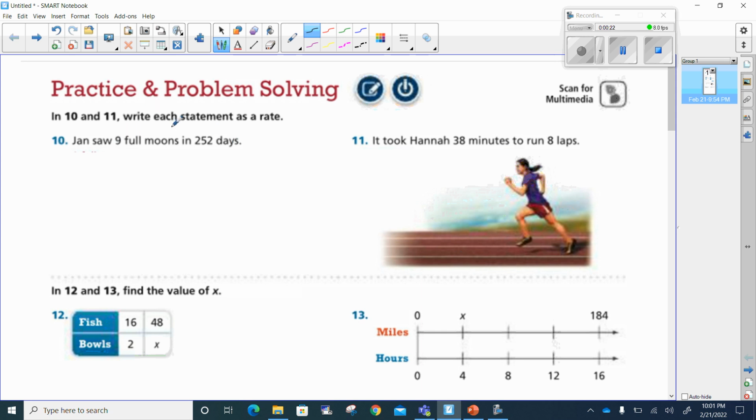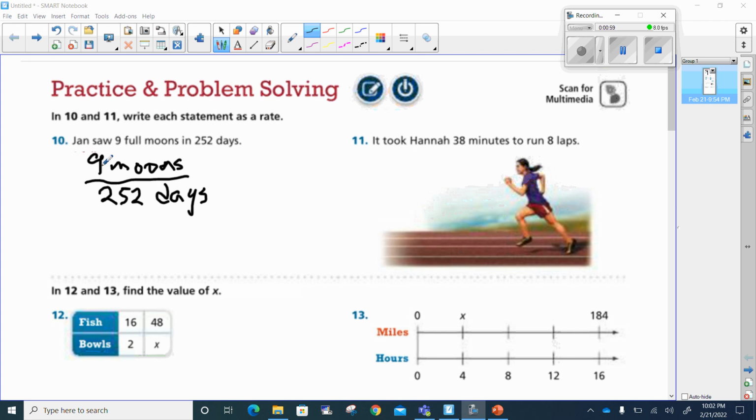So 9 full moons in 252 days, that would be our rate, okay?